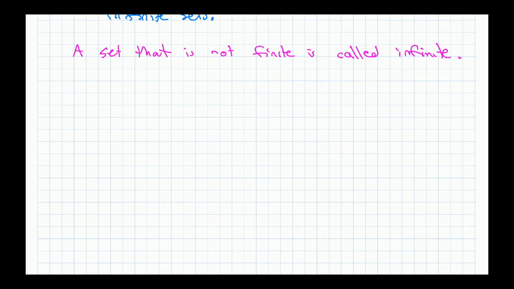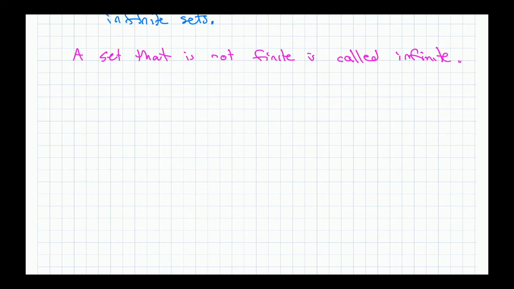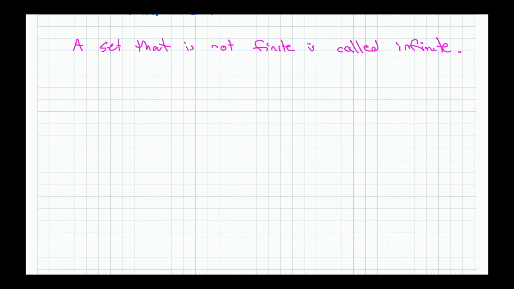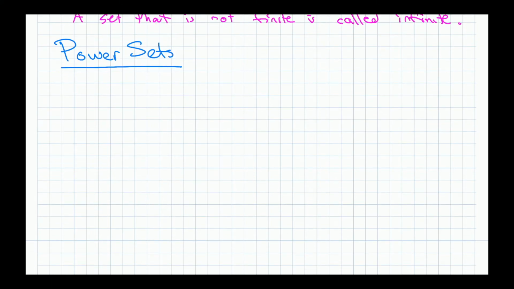Okay, so what do we have? Two more things in section 2.1: power sets and Cartesian products. Let's talk about power sets. Definition: what is a power set?